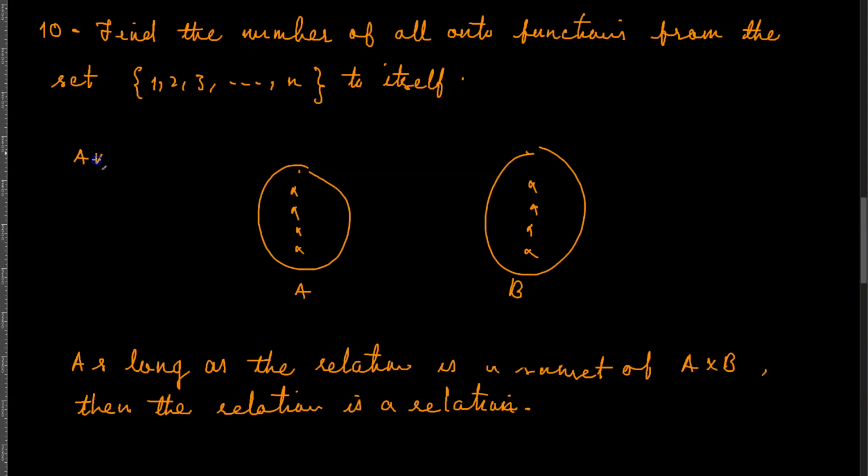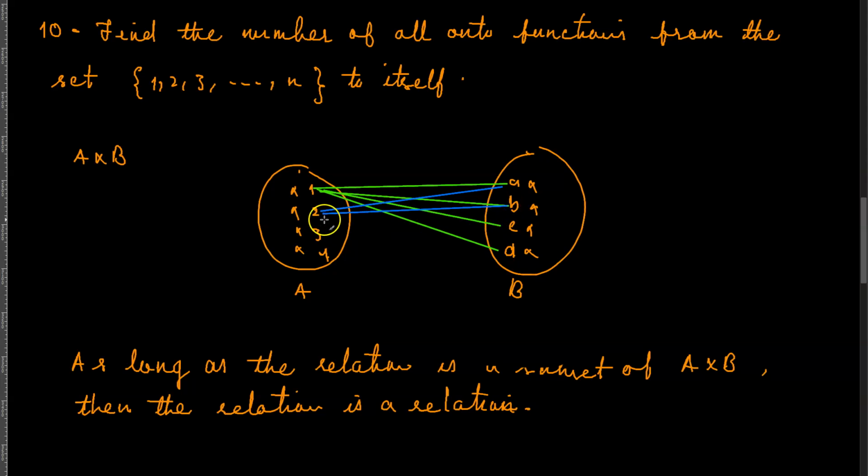Now the Cartesian product of A and B is basically, for example, let's call these 1, 2, 3 and 4, and A, B, C and D, and then the Cartesian product of A and B is basically, as you know, 1 with A, 1 with B, 1 with C, 1 with D. Then you have 2 with A, 2 with B, 2 with C, 2 with D. Then you have, for example, 3 with A, 3 with B, 3 with C, 3 with D, and then you have basically 4 with A, 4 with B, 4 with C, and 4 with D.